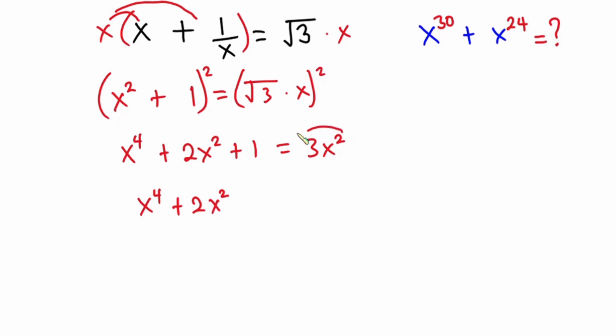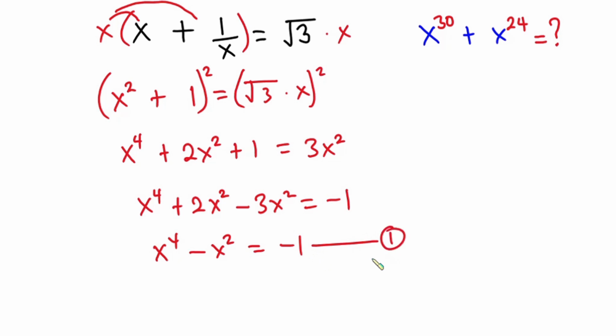Now I'm going to move this 3x squared to the left, so we have negative 3x squared. Then I'll move this 1 to the right, so we have negative 1 over here. Now simplifying this, we have x to the fourth power, 2x squared minus 3x squared is minus x squared, and this is equal to negative 1. And I'll call this equation 1.